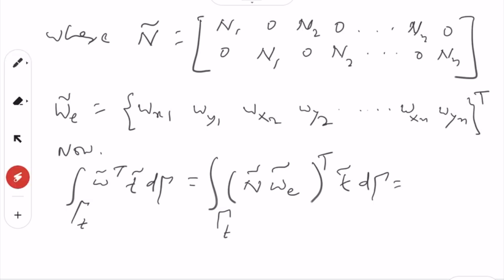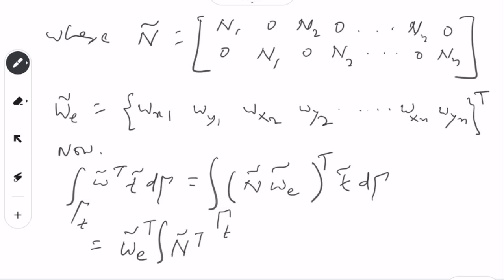W is constant, right. W is constant. So, W e we can bring outside. So, let us write this is equal to W e tilde transpose, and N tilde transpose, maybe we write below.